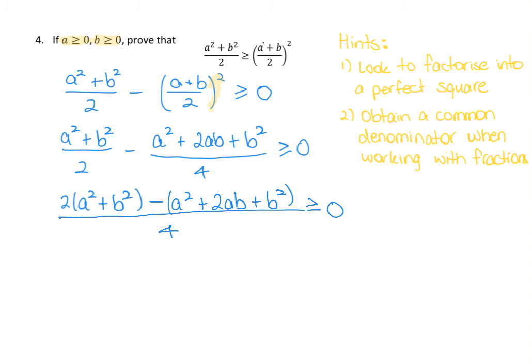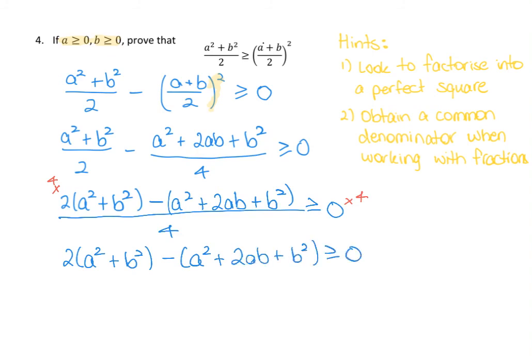Okay, so the next thing that I can do is now multiply both sides by 4, because I don't want to work with that fraction. And the nice part is that the right-hand side of my expression is 0, meaning that when I multiply the 4 across, it's gone, leaving me with this expression that I'm now proving is a value greater than or equal to 0.